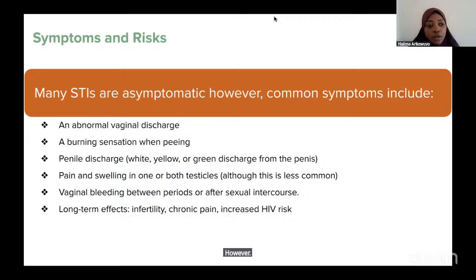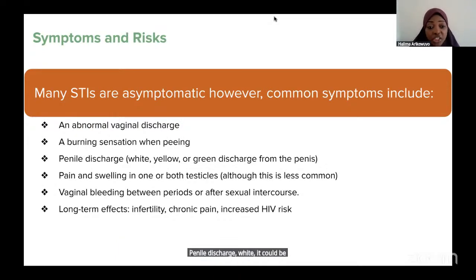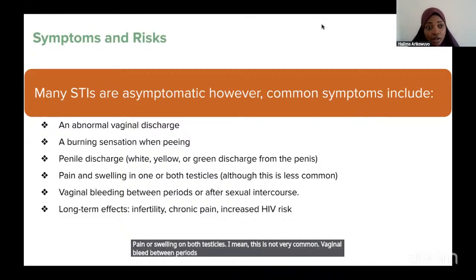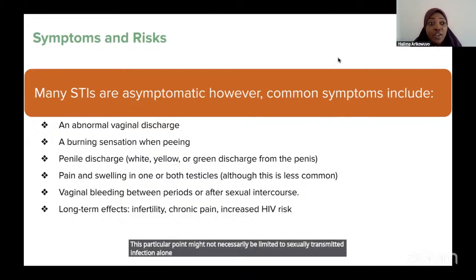However, common symptoms could include abnormal vaginal discharge, a burning sensation when peeing, penile discharge that could be white, yellowish, or greenish, and pain or swelling in the testicles. This is not very common. Another is vaginal bleeding between periods or after sexual intercourse. This particular point might not necessarily be limited to sexually transmitted infection alone, so it's very, very important to seek medical advice.